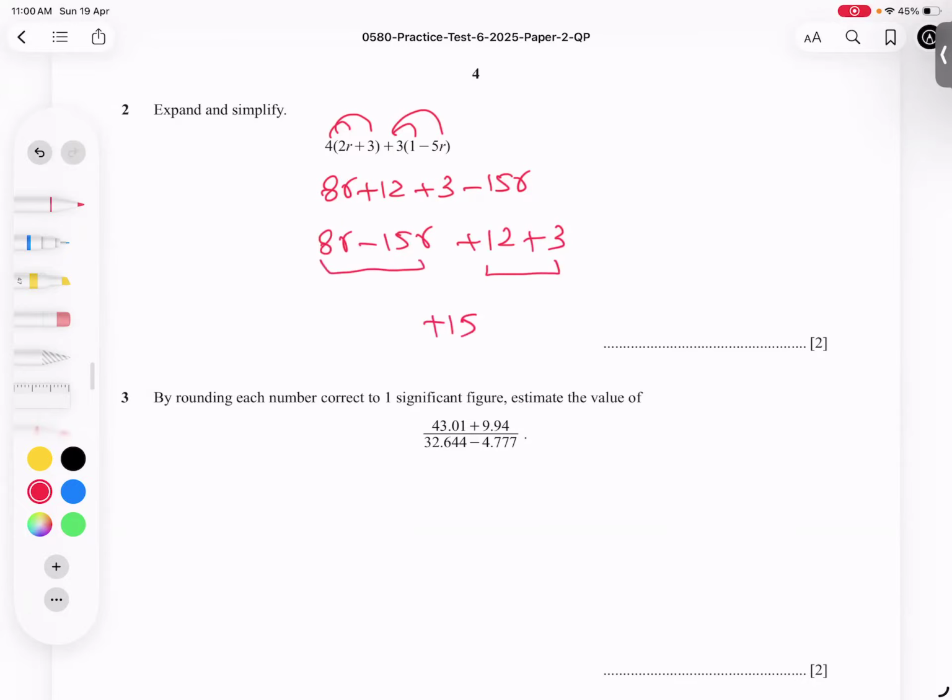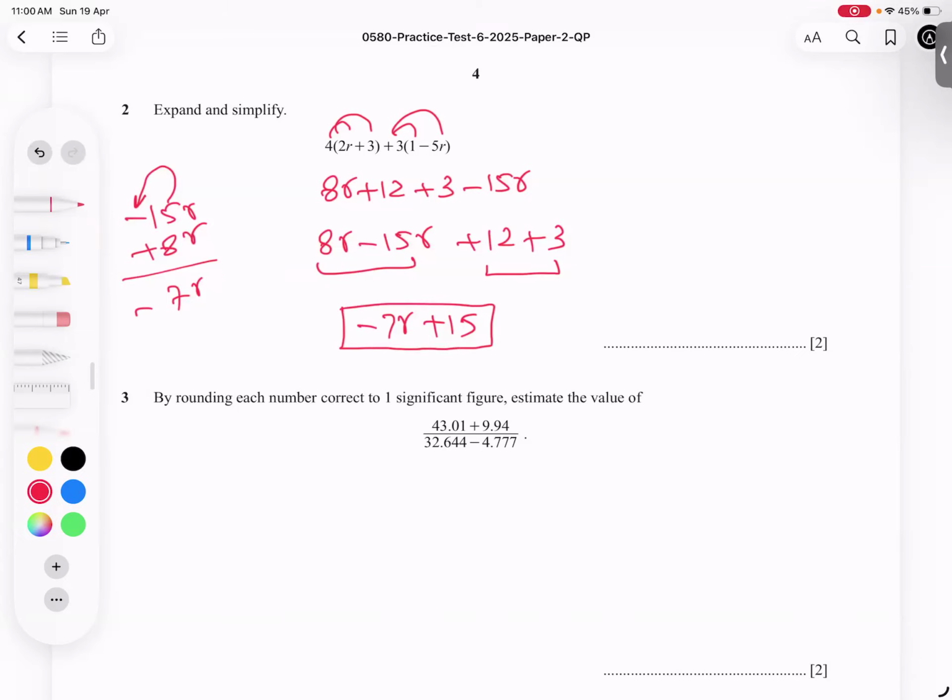When we have opposite signs, we always subtract. Out of 8 and 15, the difference is 7, and the bigger number is negative, so negative 7. I think the point is clear. So we have done it: negative 7r plus 15.